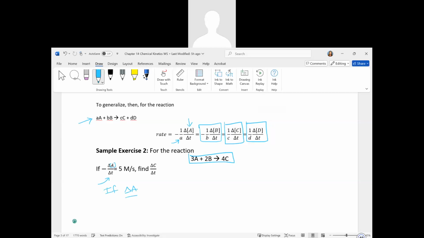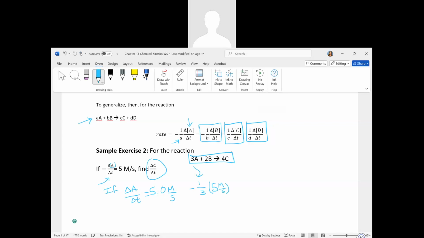If the change in A over time equals 5.0 molar per second, and I want to find the change in C over time, I'm going to use that same setup as before. So I'm going to have 1/3, make that negative, times the change in A, which is my 5 molar per second.